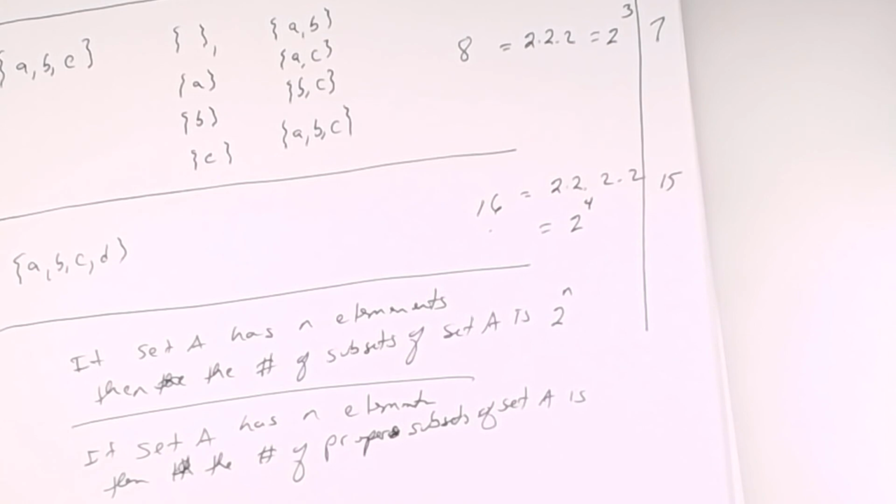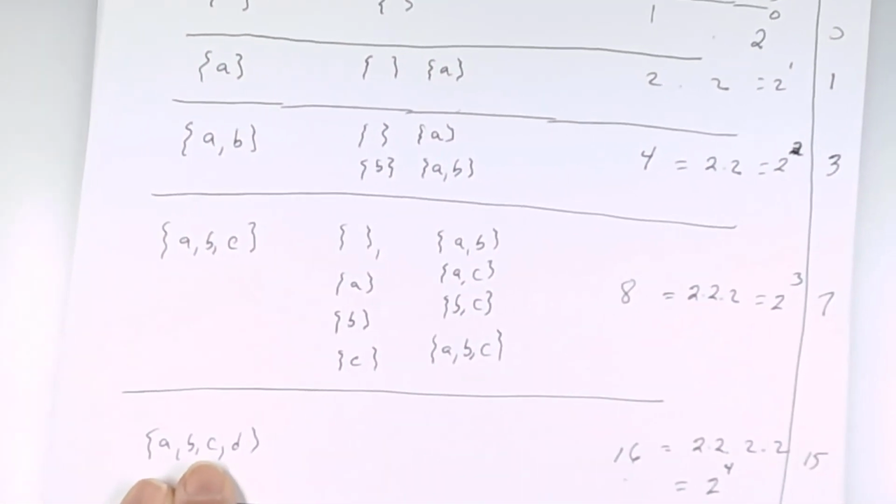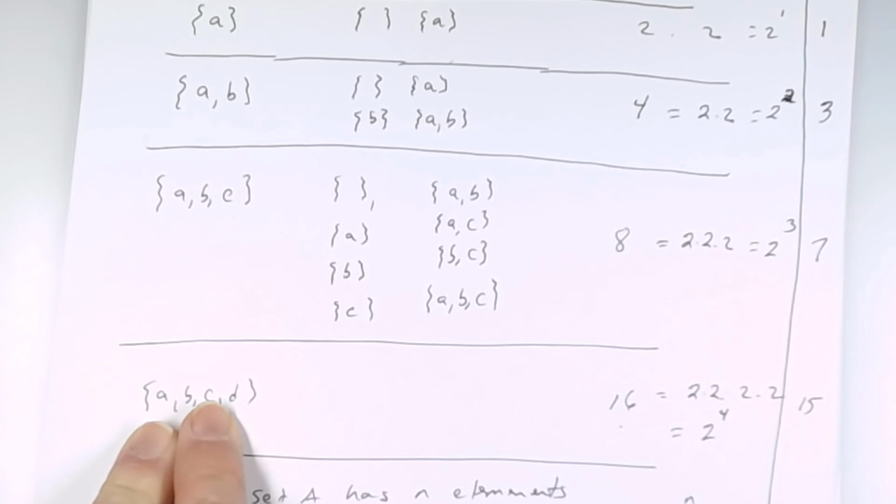No, not 1. The one with 16 wasn't 1, it was 15. You're telling me that every set has only one proper subset? Not true either. How can you say 2? I want you to understand what you're saying. You're saying that this set has only 2 proper subsets.